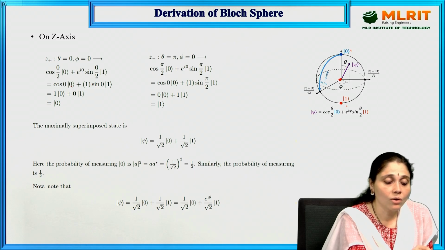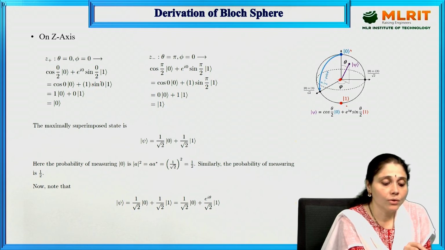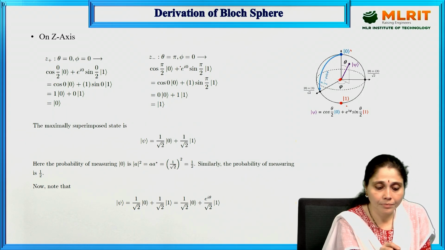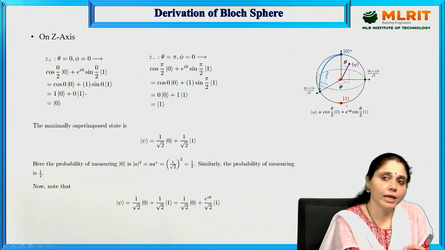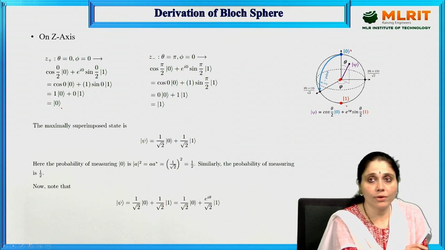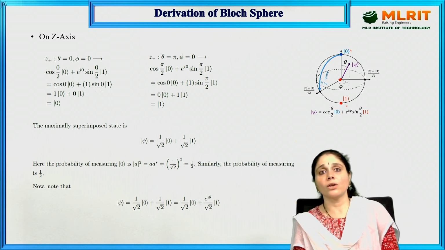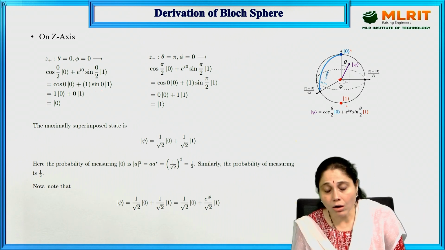So cos 0 into ket 0, 1 into e power i 0 is 1, as we have seen, 1 into sin 0 ket 1. Sin 0 is 0, cos 0 is 1. So 1 into ket 0 plus 0 into ket 1. 0 into ket 1 is obviously 0. So the remaining is ket 0 itself. So this is ket 0 that we have obtained as the north pole.